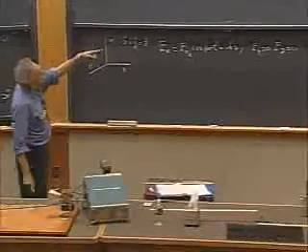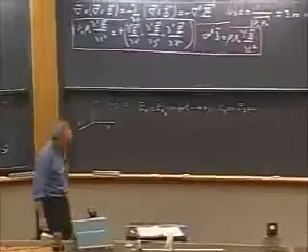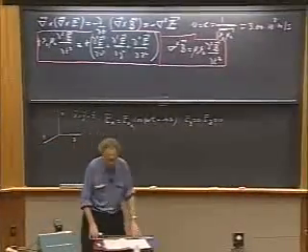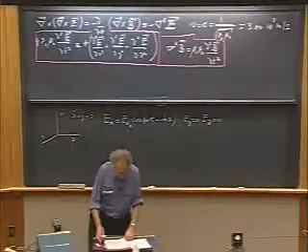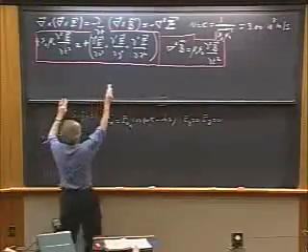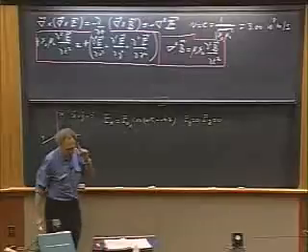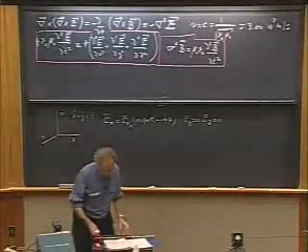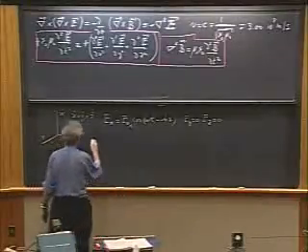The complicated three-dimensional wave equation collapses now to a one-dimensional wave equation. Of the 9 terms that you have here, only one term survives, and that is d2 Ex dz squared.